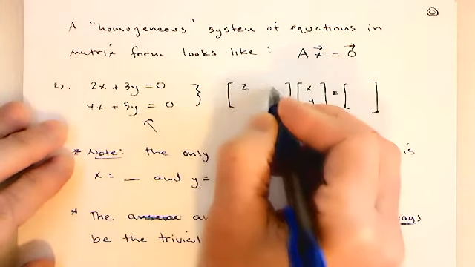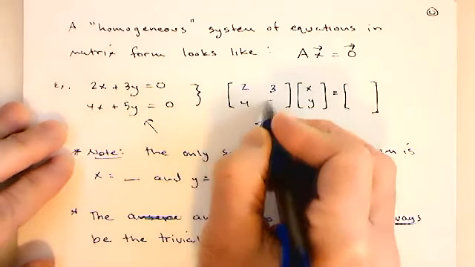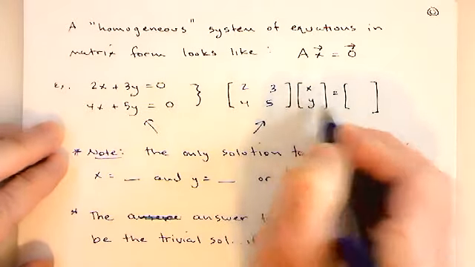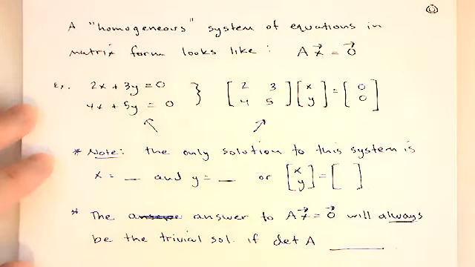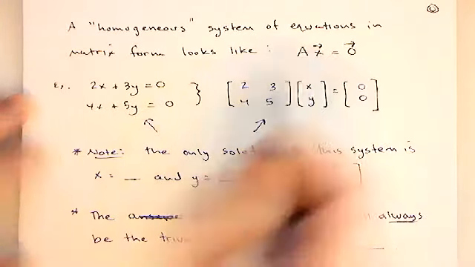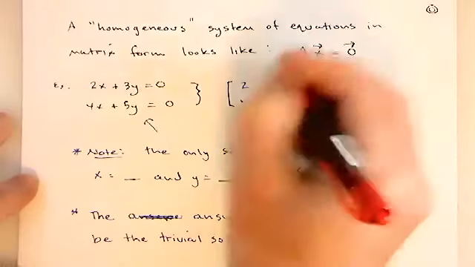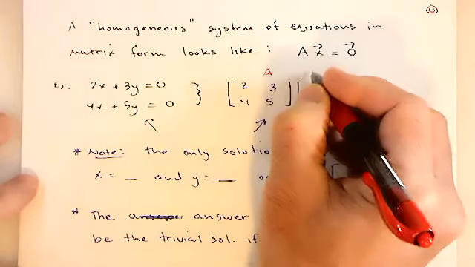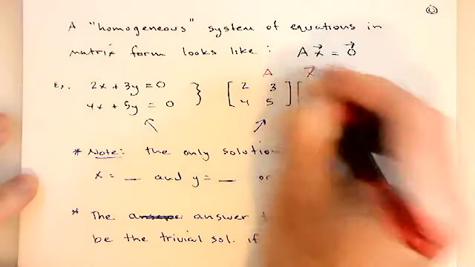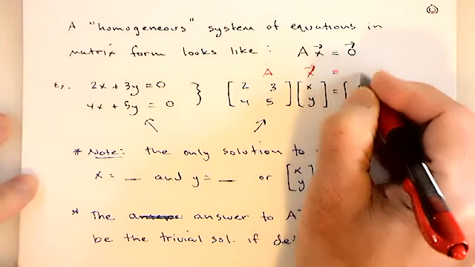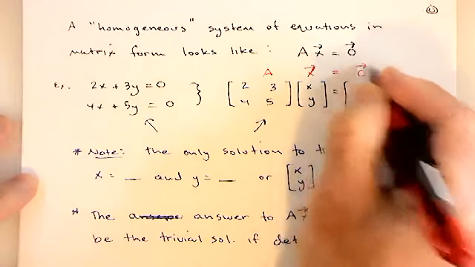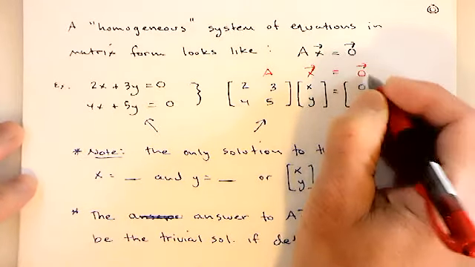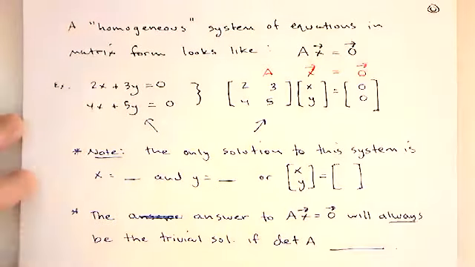In this case, we would have 2, 3, 4, 5 times x, y equals our answers, which would be 0, 0. And remember, we can write this as our matrix A times a vector. And yes, this time we're going to think of 0, 0 as the zero vector, which is a vector that doesn't go anywhere, right?